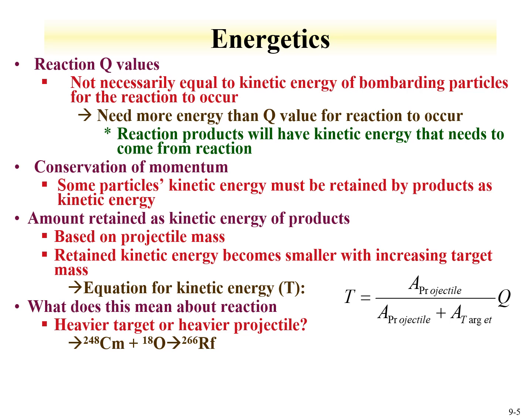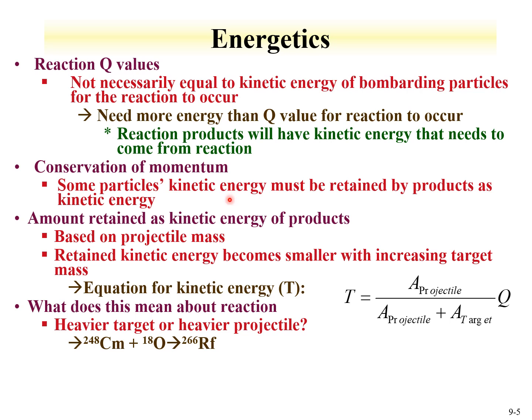The Q value, as we'll see, is a center of mass quantity, and we need to convert it to the laboratory frame. This is due to conservation of momentum. The particle's kinetic energy must be retained as products' kinetic energy. So in other words, all the energy of the system that's defined by the Q value is not necessarily available just for the reaction. Some has to go into moving the resulting products.